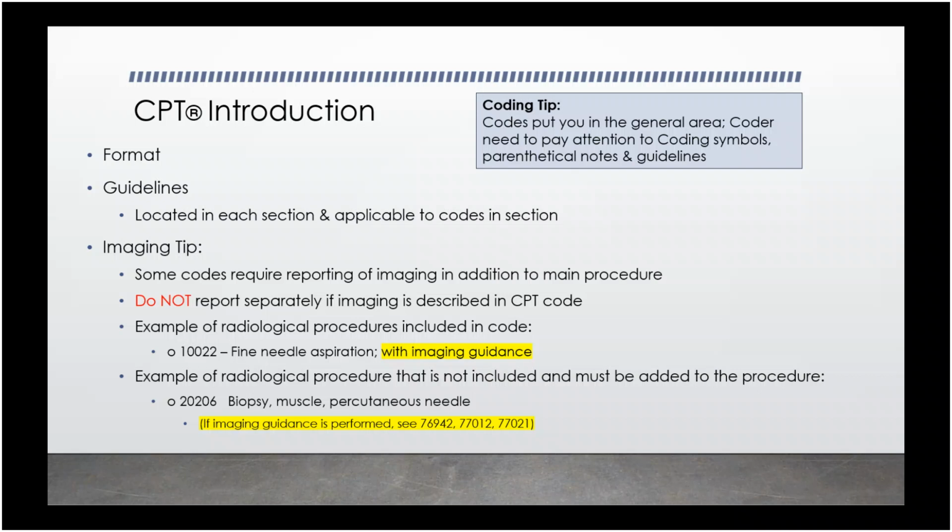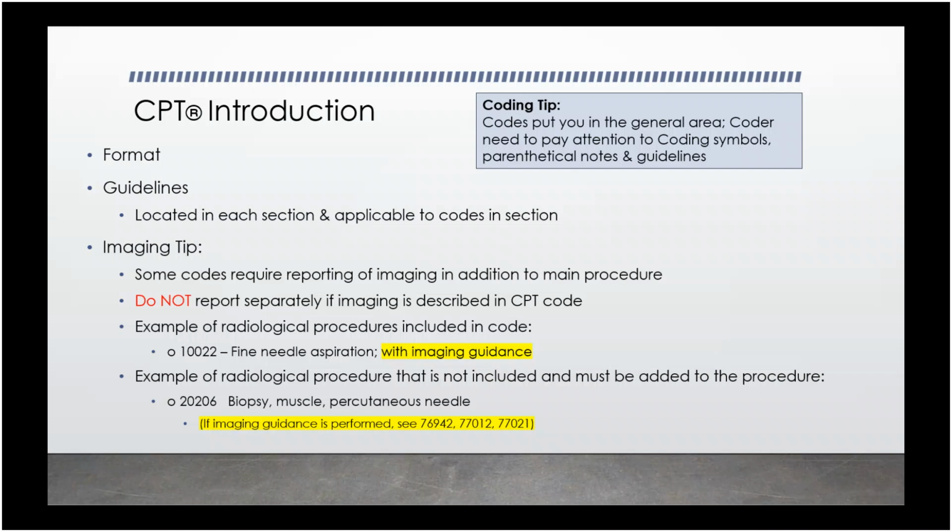Example of radiological procedures that are included in the code. One is 10022, a fine needle aspiration with imaging guidance. It's included in that description, so therefore we would not assign or report an additional code for the imaging. Example that is not included and must be added to the procedure.